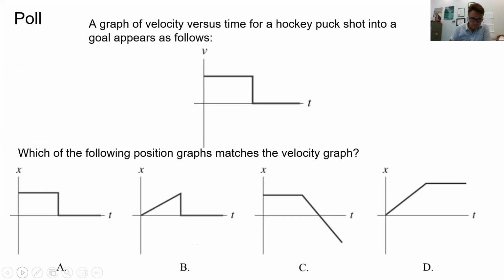Here's another poll. Here you have a graph of velocity versus time for a hockey puck shot into a goal. So it looks like this. Which of the following position graphs matches the velocity graph?